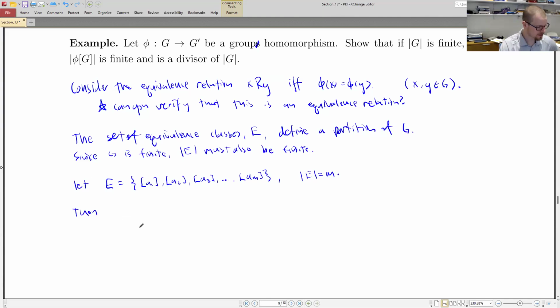Now, if we wanted to, we could consider a map, a function f from E into the image of G. That seems a little bit weird. I suppose I use brackets there.